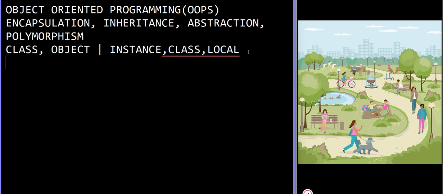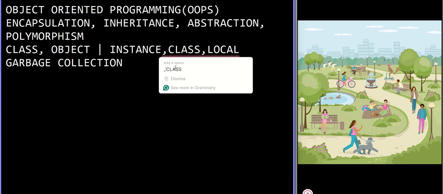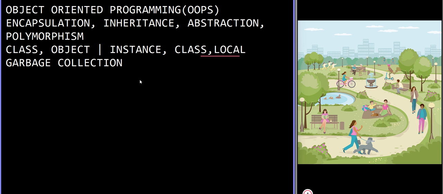After that we have one concept, that is garbage collection. In garbage collection, it collects the unused memory, that means unused objects, and the system does it implicitly, that means on its own, after completing the program or after some time, whenever the variables are not used, it will collect the unused variables.